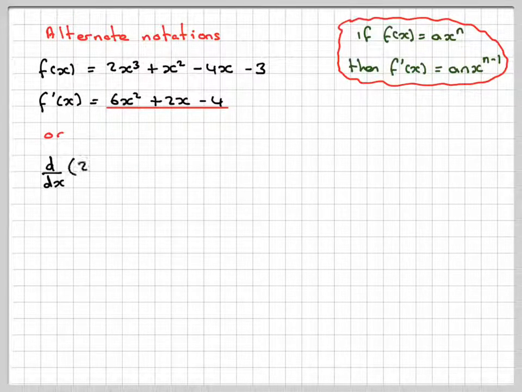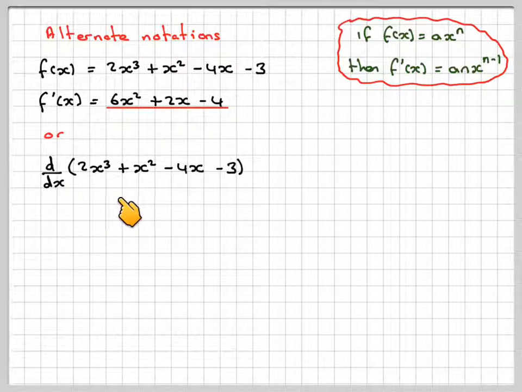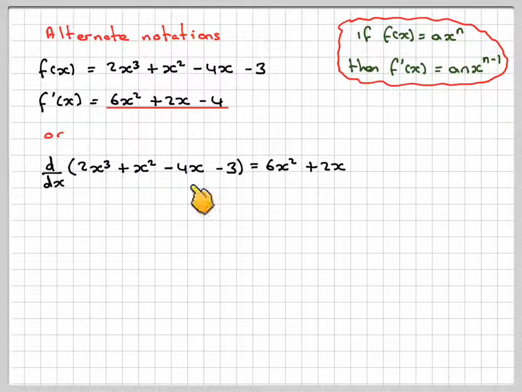Or sometimes it could be written like this: d by dx of 2x cubed plus x squared minus 4x minus 3. Again, you get exactly the same answer: 3 times 2, which is 6x squared, plus 2x minus 4.